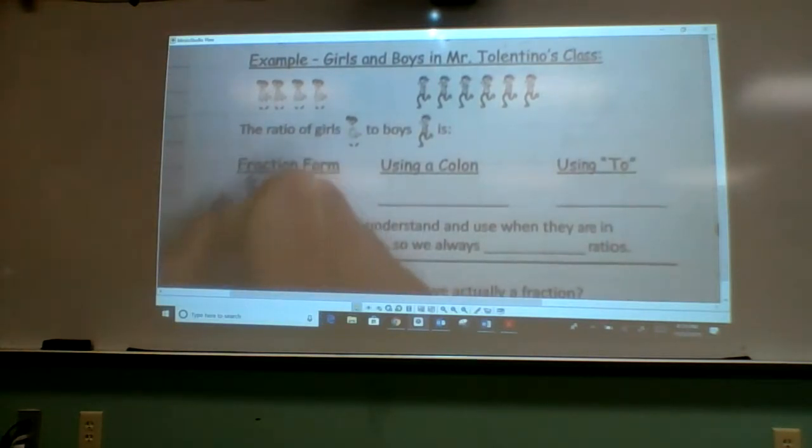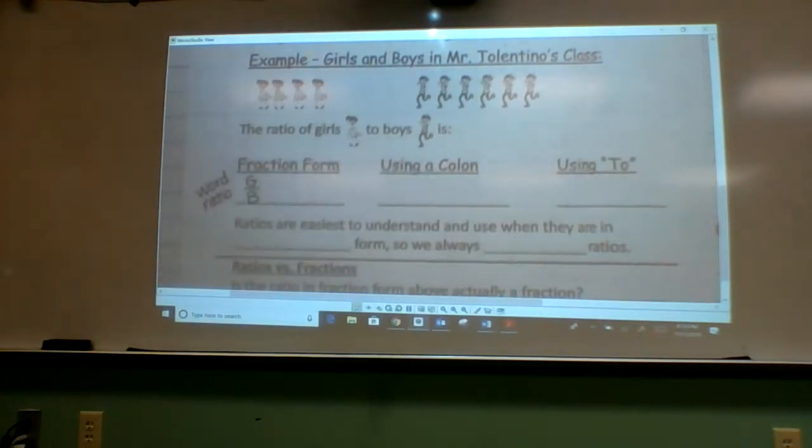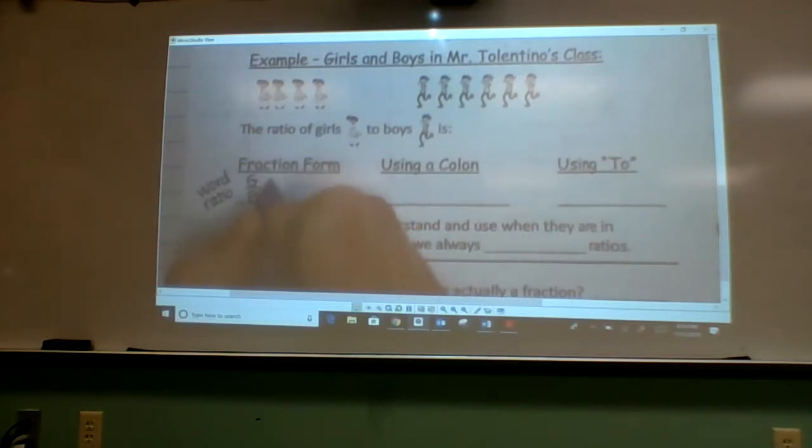This is called a word ratio. It helps us keep everything straight, because as we move into proportions a little bit later, it's real important that we know which word is on top and which word is on bottom. So the ratio of girls to boys is 4 to 6.